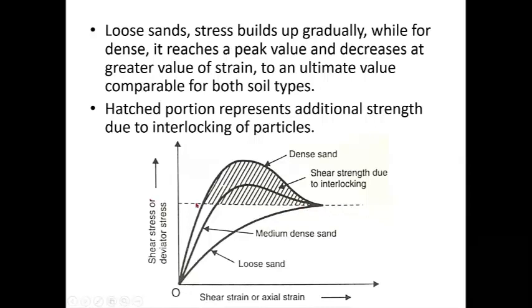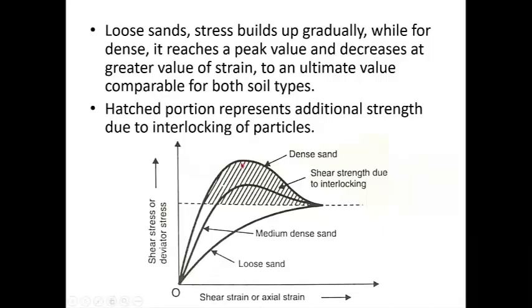Correct? Peak strength. Correct? But if you look at dense sand here, you see that with very less strain, that means it's already in a dense combination. All right, so with very less particle deformation, it has already reached its peak strength, right?